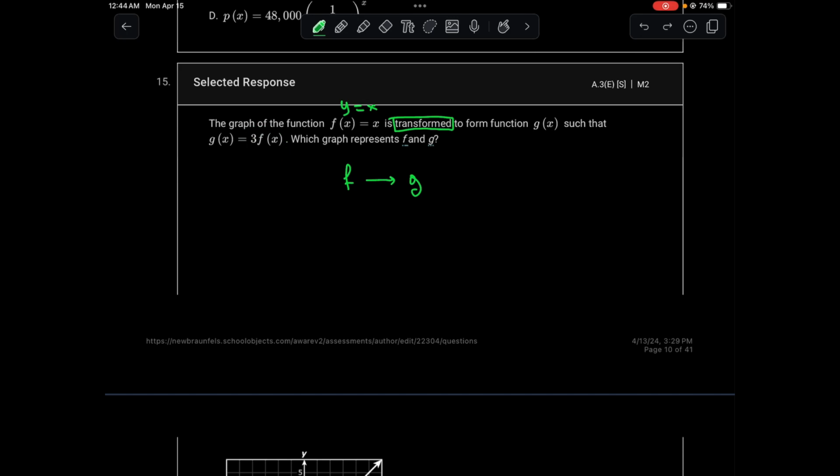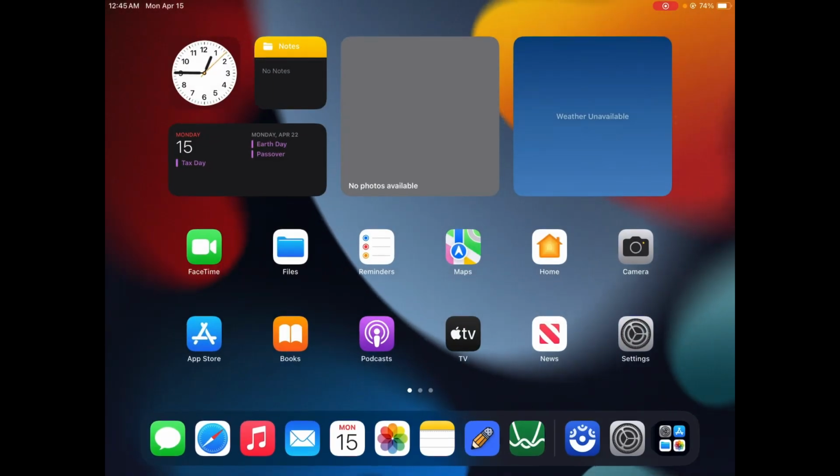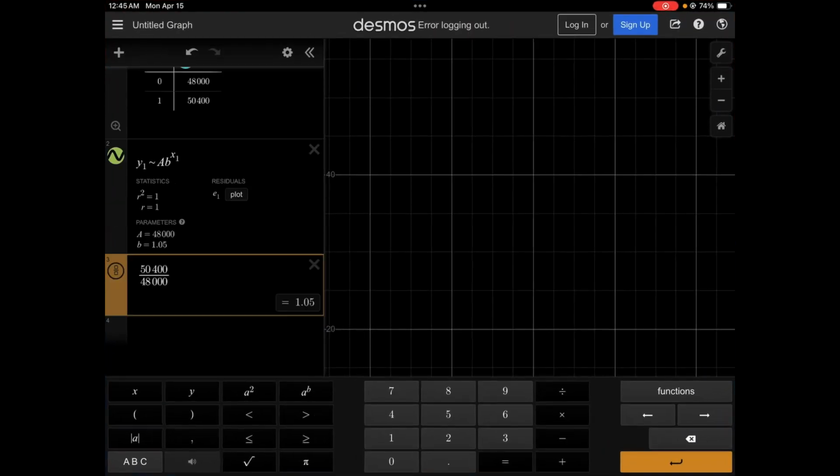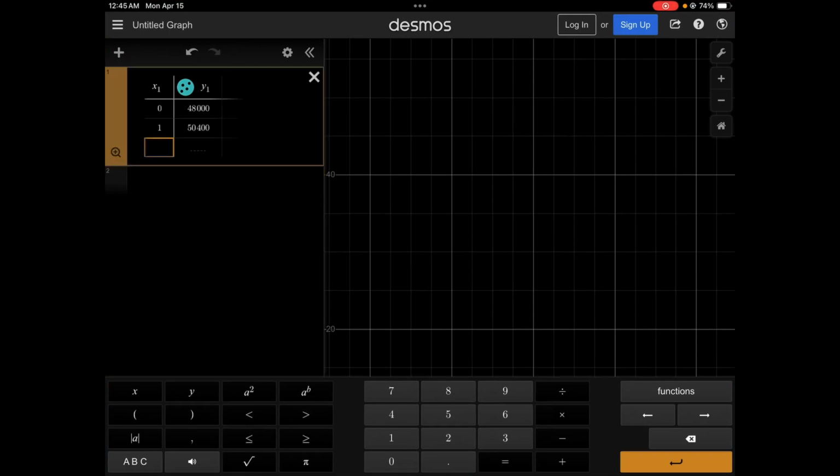The key thing to remember is that you start with f, so that is the parent function, and you go to g. Alright, so let's put that on my calculator and see how I'm going to do.